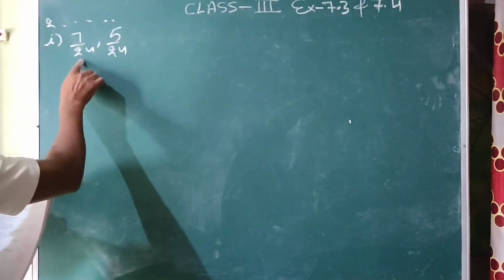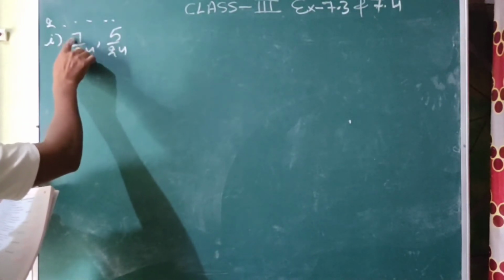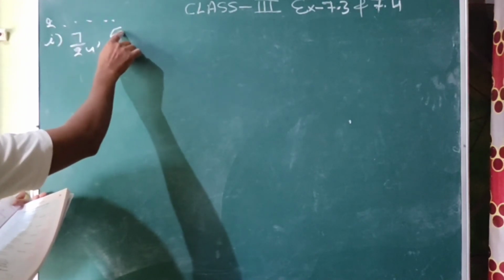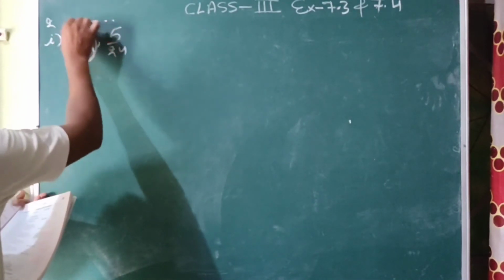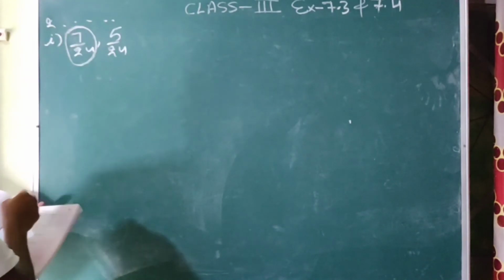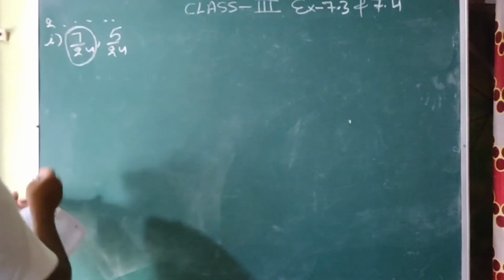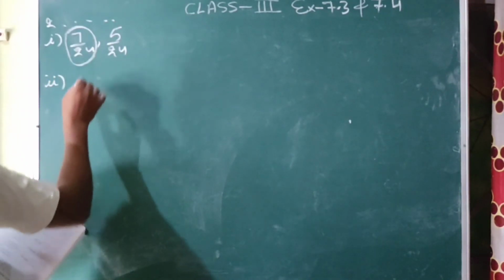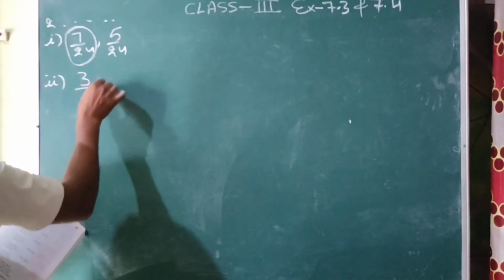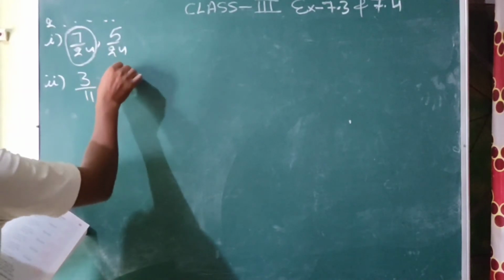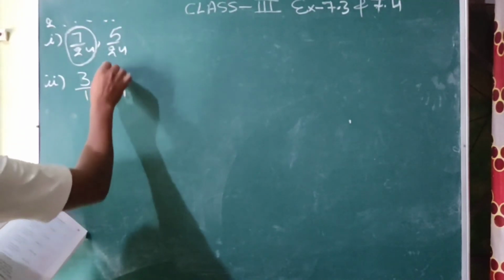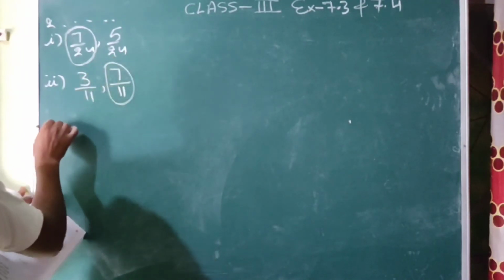Both denominators are the same, but this is greater than this, so we will encircle the greater number, 7 upon 24. And then second part, 3 upon 11 and then 7 upon 11. You are looking, 7 is greater, so we will circle that.